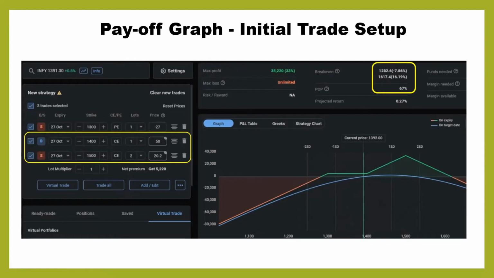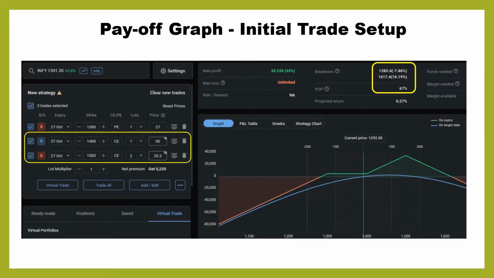Break even, right? After this trade altogether, buy one call, sold two calls, and of course sold one put, together it was giving me a break even of 1282 to 1617, which is very good, right? So on the high side I'm getting around 16 plus 7%, almost 8, almost a 24% range.